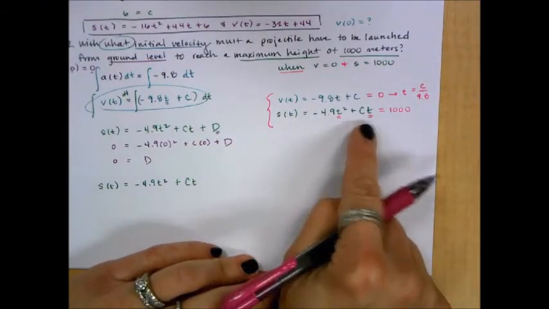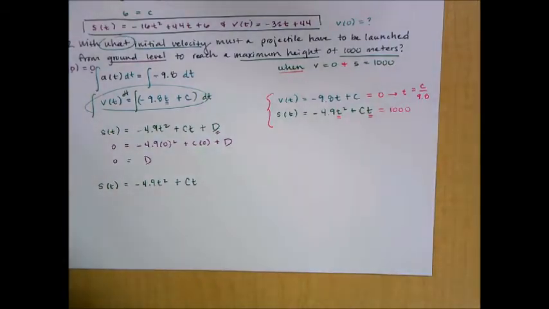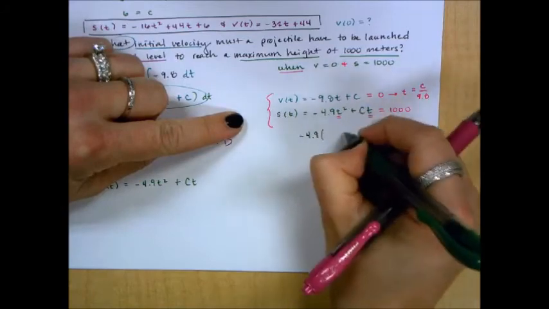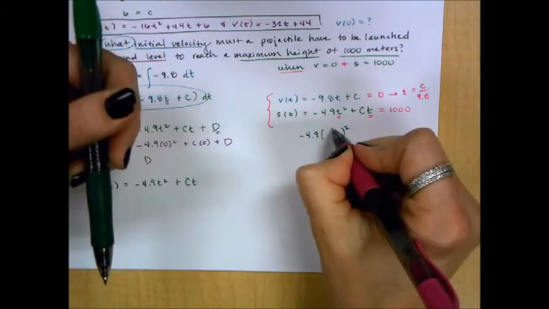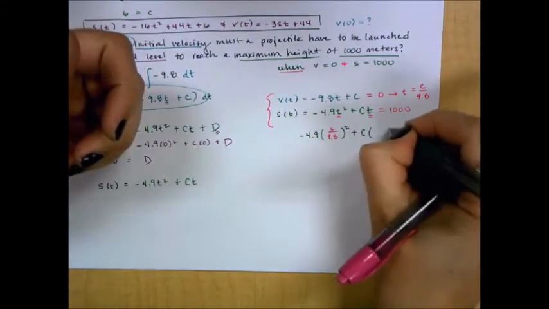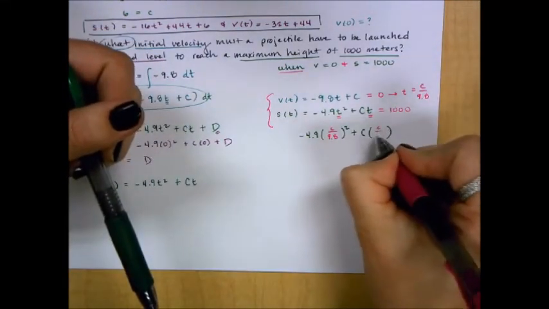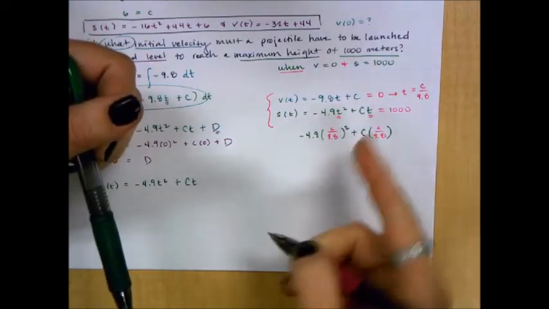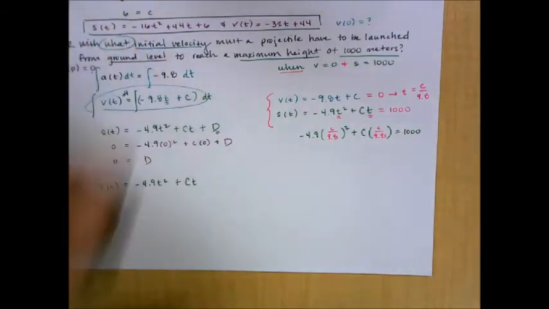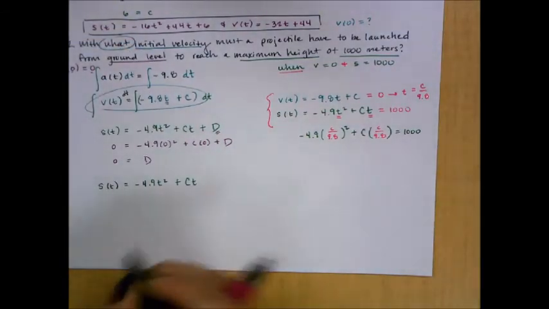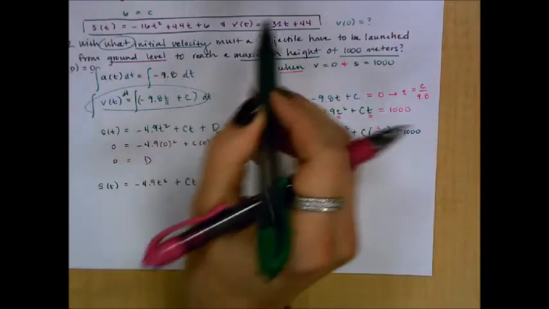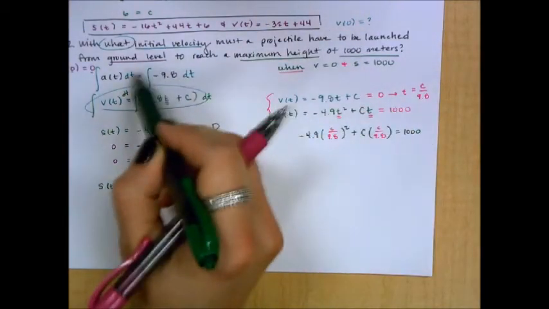So this is now negative 4.9 times t squared plus c times t, and it's equal to 1,000. So our job is to solve for c, and here I have now an equation with c. Remember, c is that unknown initial velocity. It was the constant of my velocity. That's what we're solving for.